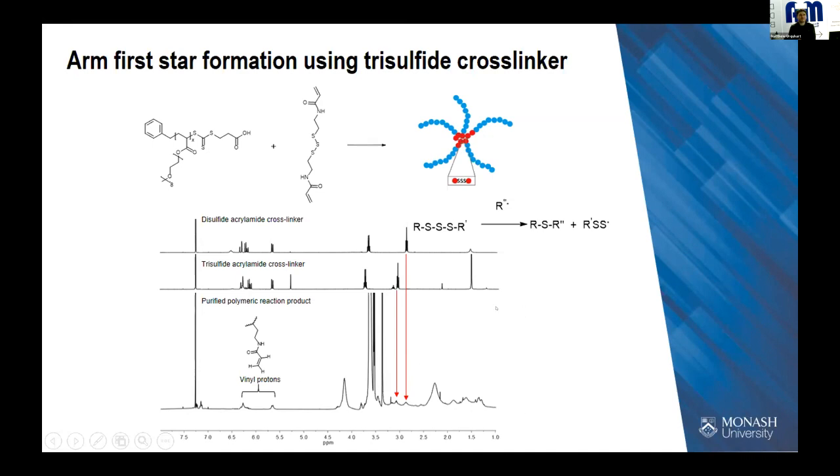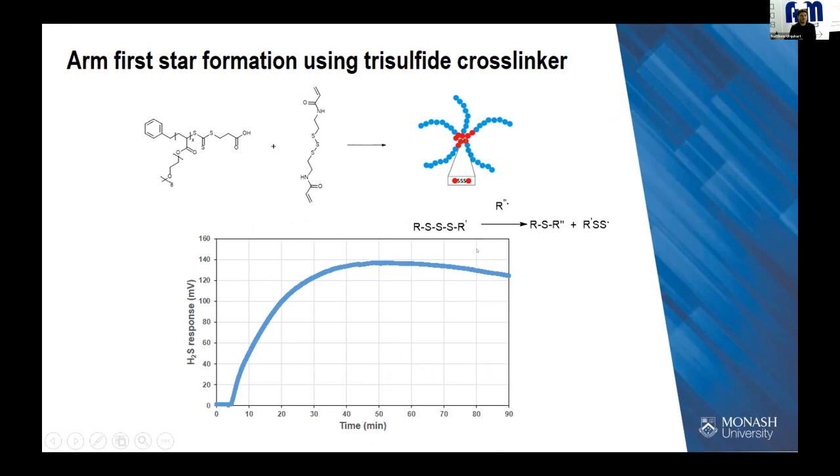So this wasn't quite what we were desiring, although considering we do have some trisulfide, we examined the H2S release capacity, and after the addition of cysteine in this case, we do see some H2S release. So not a completely bad result, although we determined this wasn't really a feasible means to have our cross-linked material.